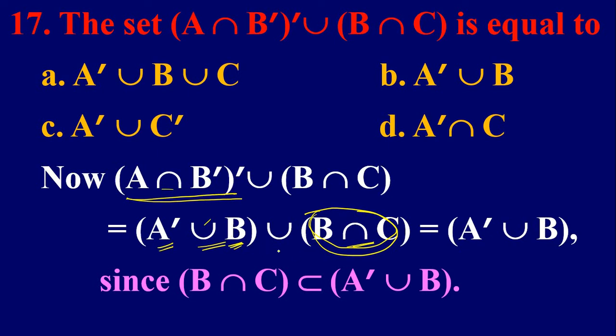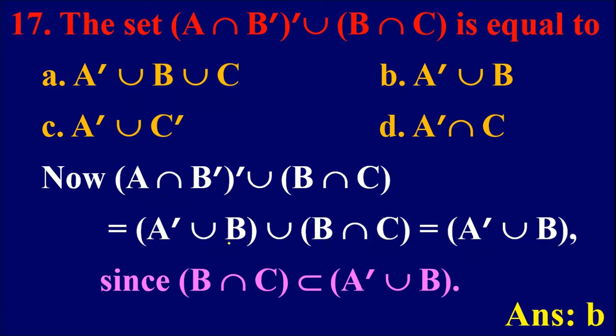So when we compare these two, A dash union B is the bigger set, bigger compared to B intersection C. When we take the union of these two sets, we always get the bigger set, which is A dash union B. Since B intersection C is a subset of A dash union B, the union is A dash union B only. So that is option B. The correct option is option B, A dash union B. Therefore when we take the union, we always get the bigger set, which is A dash union B.